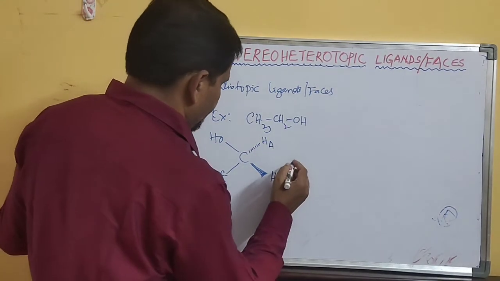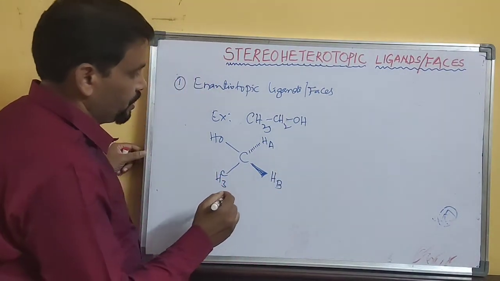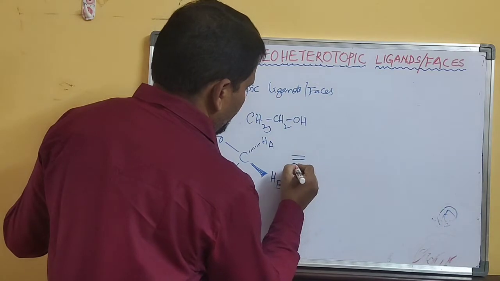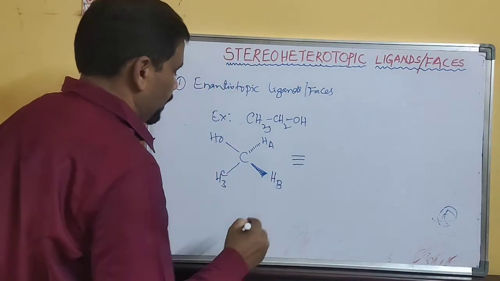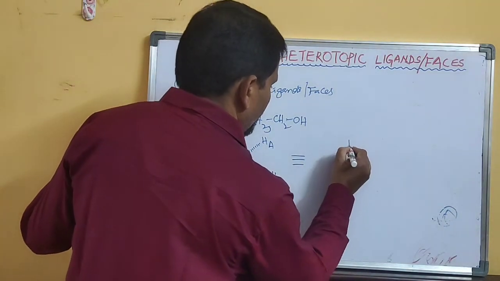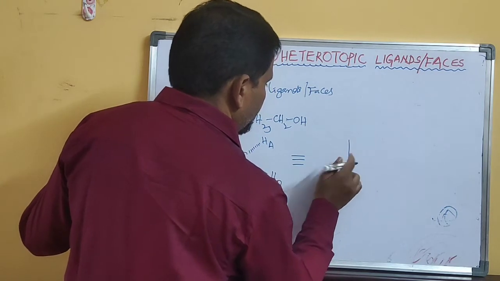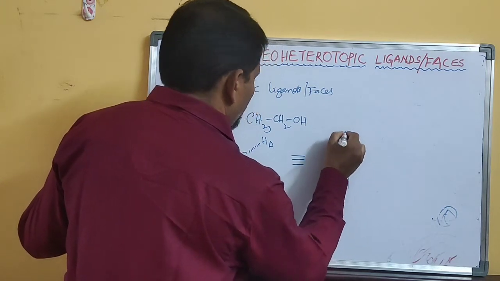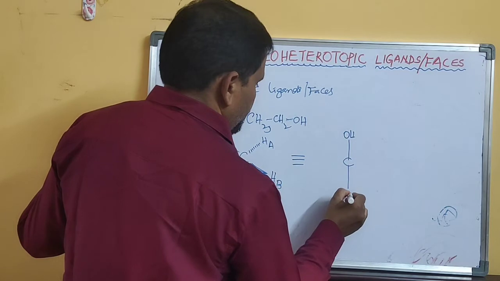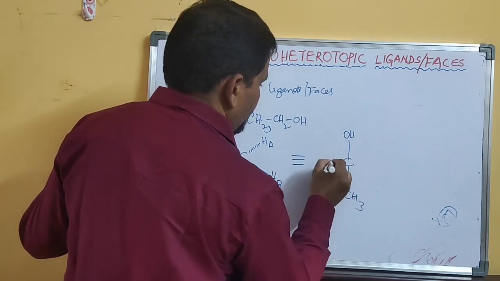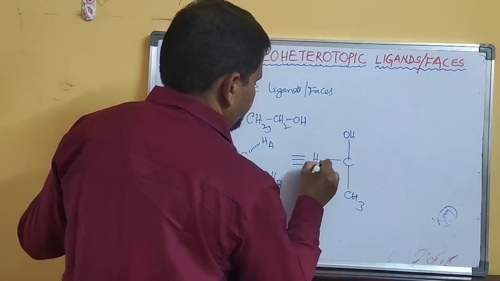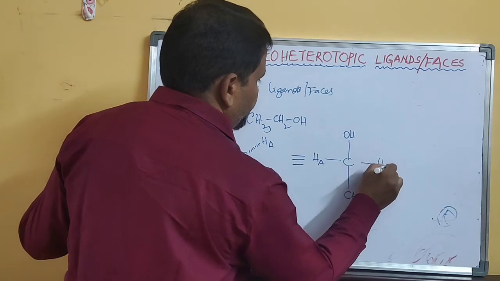But what is there? So we can write that molecule for your understanding like this: COH, CH3, HA and HB.